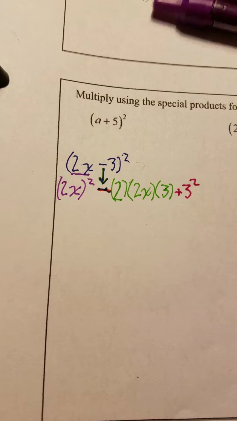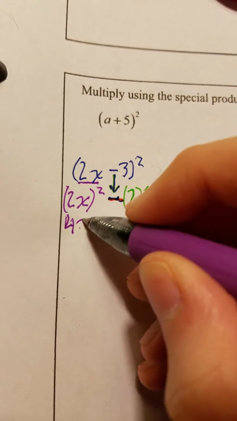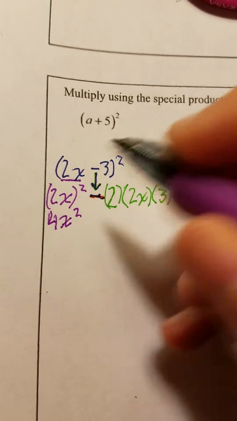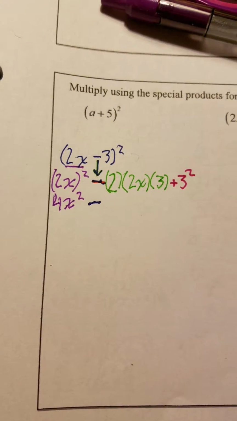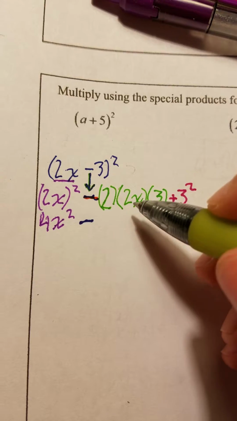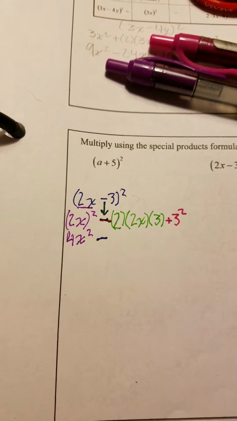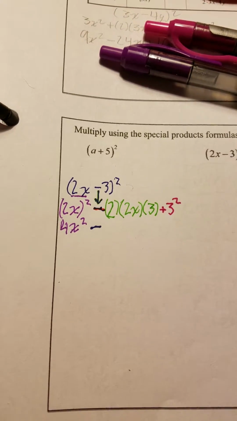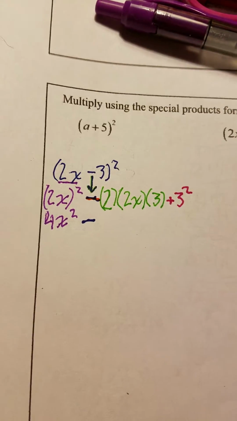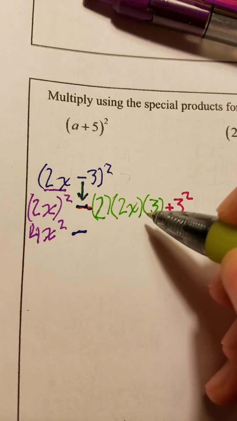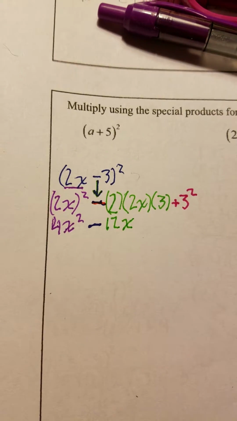Then simplify. So 2 squared is 4. X squared is x squared. Minus, what is 2 times 2? 2 times 2 equals 4, times 3 equals 12, so 12x.